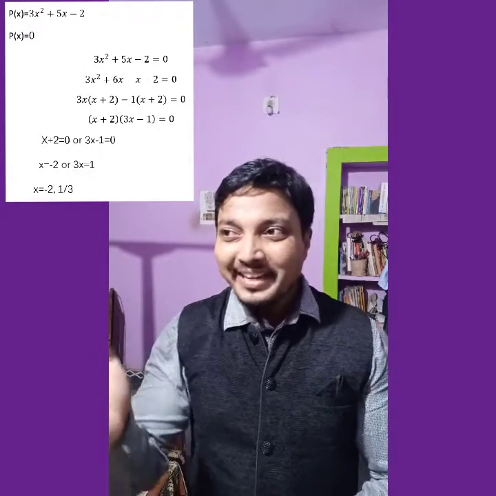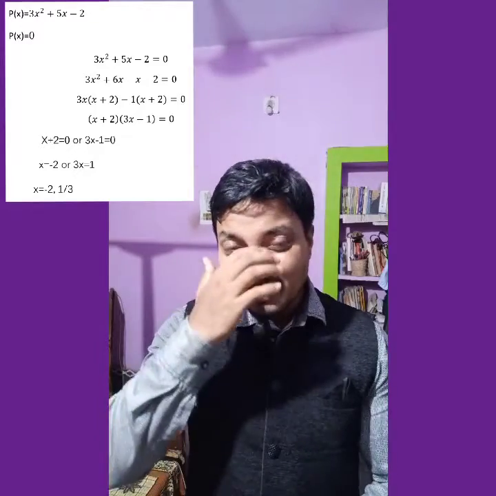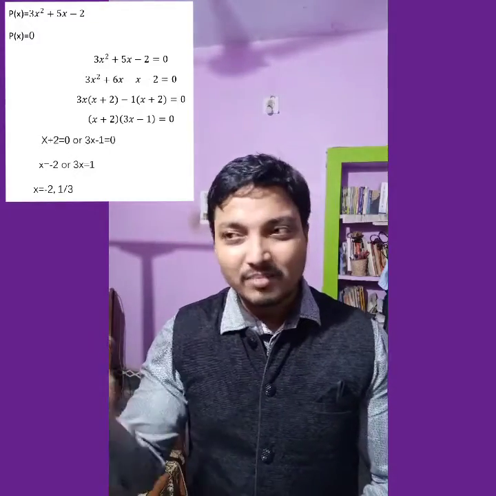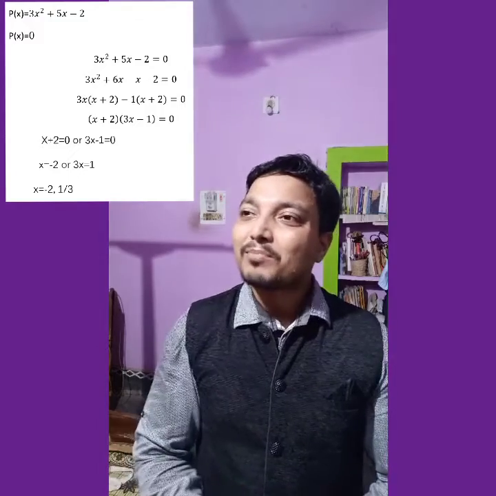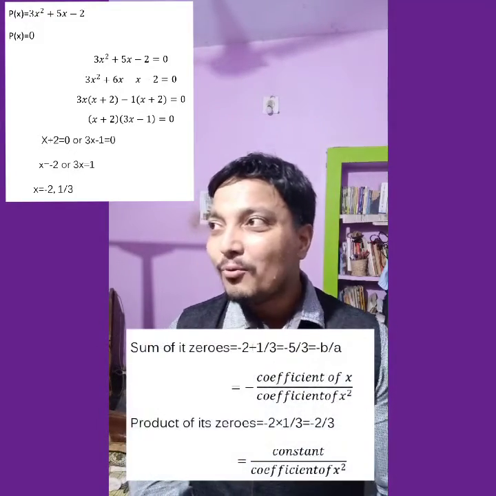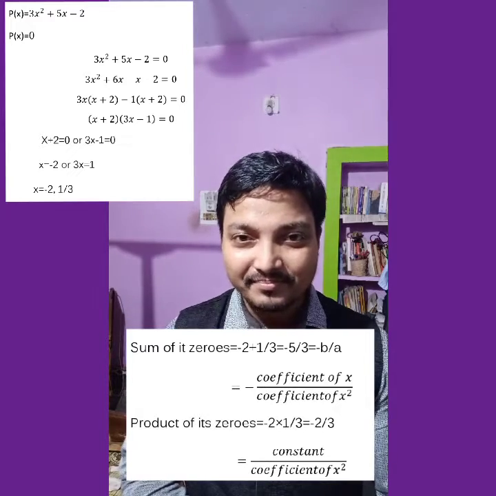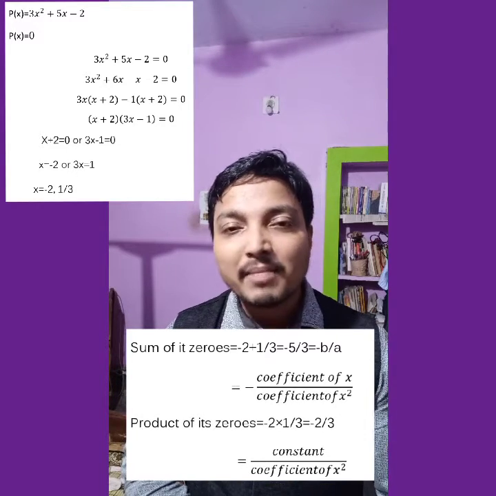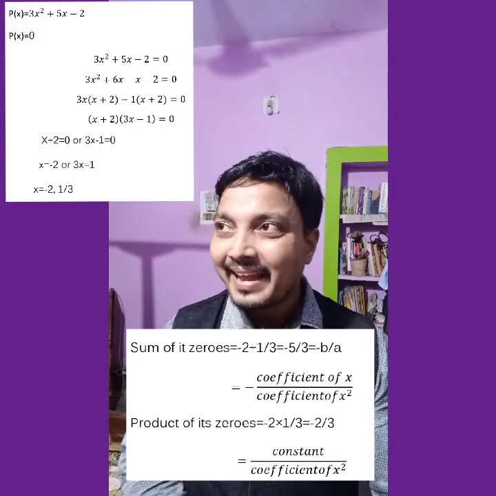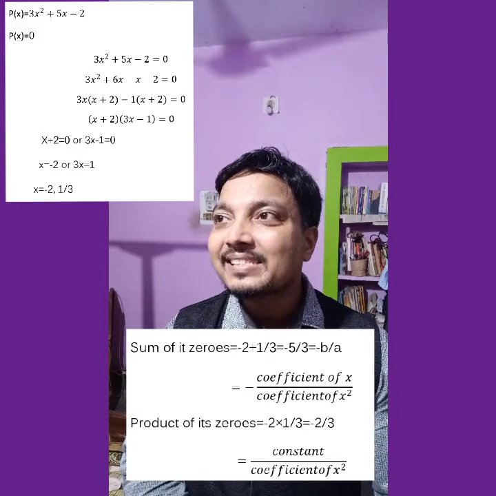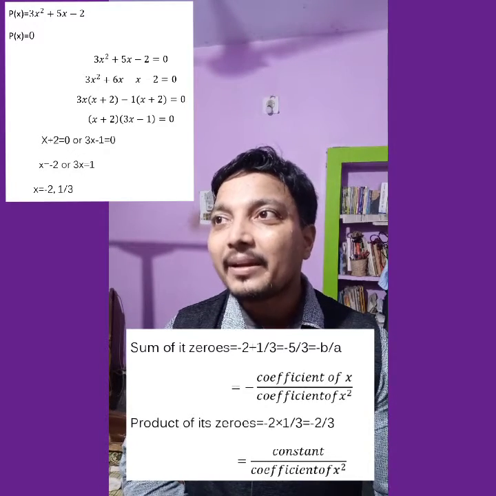So here we need to check the sum of the two zeros, how much we are getting, and also the product of the two zeros. Okay, so the sum of the two zeros is -2 plus 1 by 3, which is equal to -5 by 3. Also it is the same as -b by a. So here -b means -5 divided by 3.